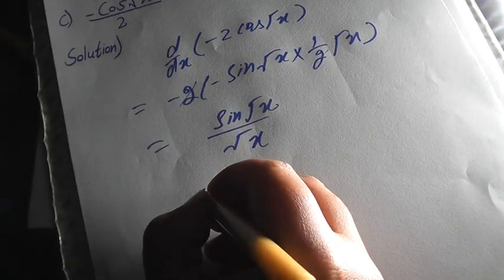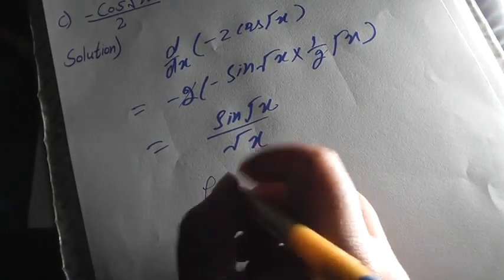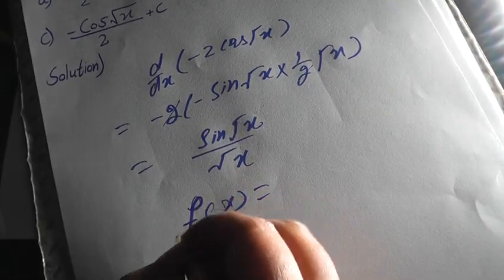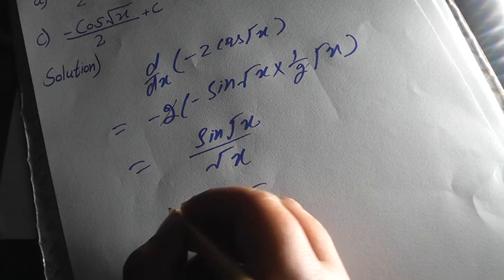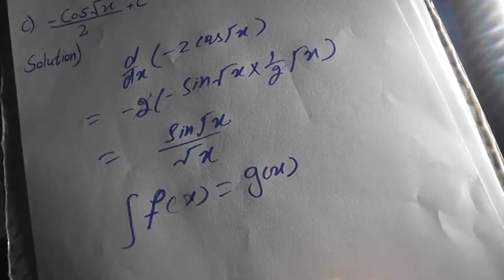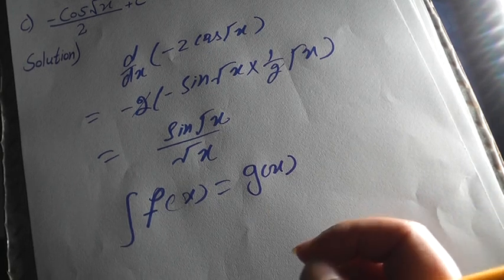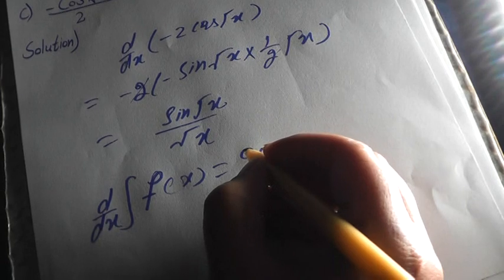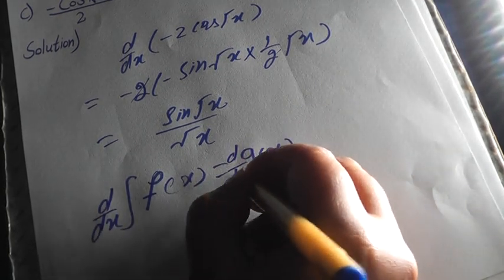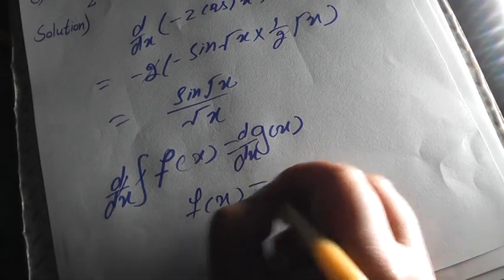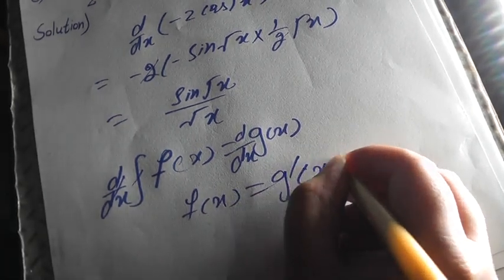We know that if the derivative of the integral of a function f of x is equal to another function g of x, and we take the derivative on both sides, then the integral and derivative cancel, so f of x is equal to g dash of x.